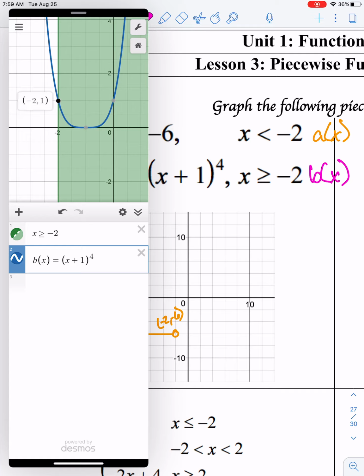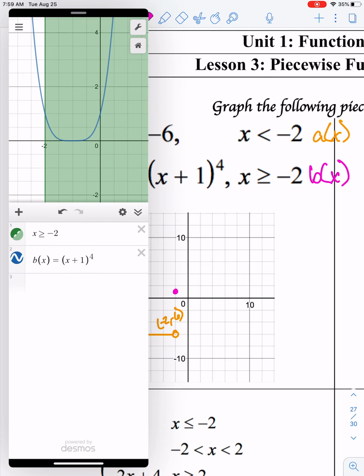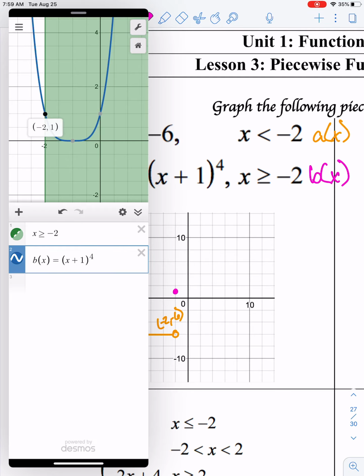Again, -2, 1. And it's closed because of it being a solid line and my greater than or equal to, less than or equal to symbol. Another point for reference would be -1, 0.